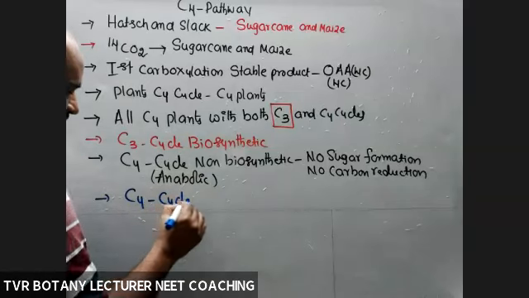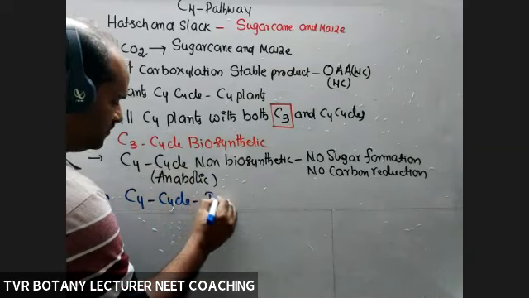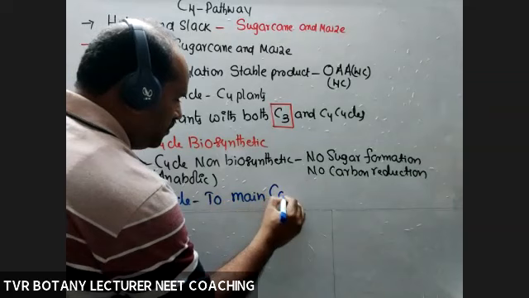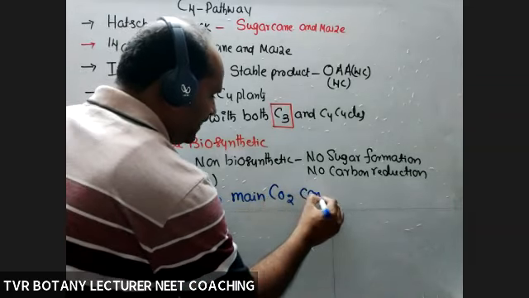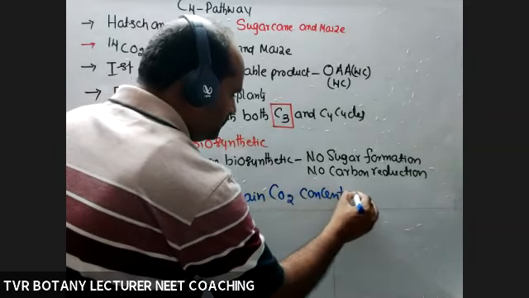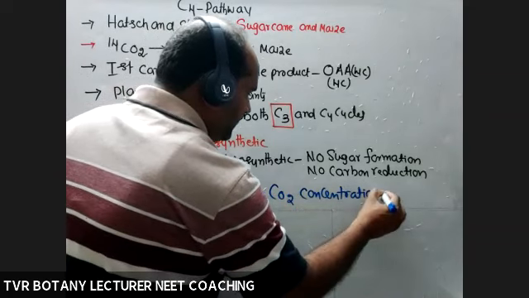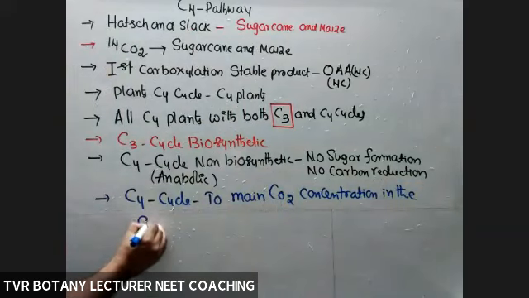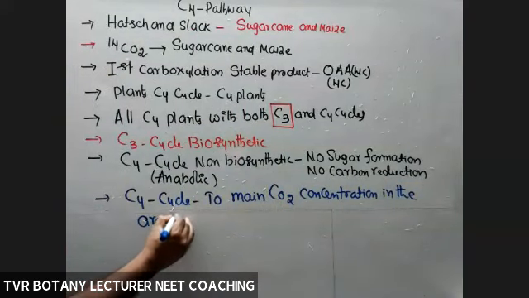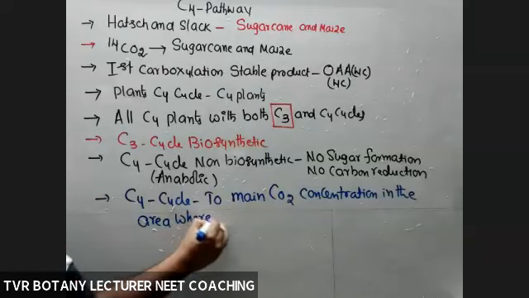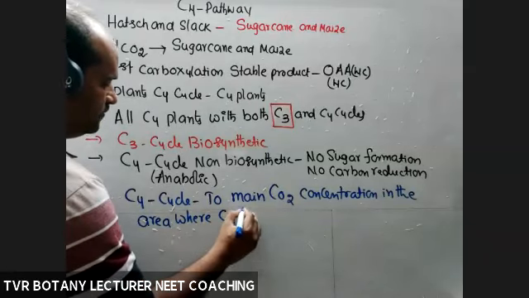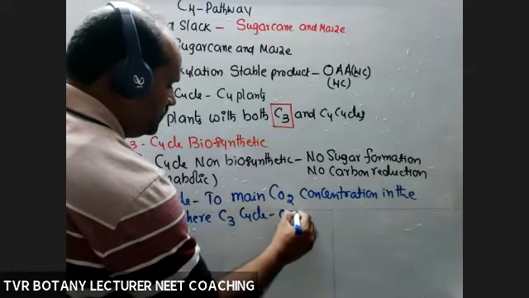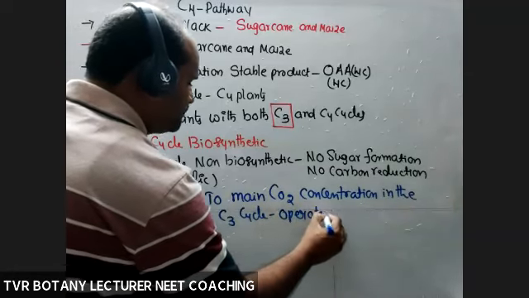The purpose of the C4 cycle is to maintain CO2 concentration in the area where the C3 cycle is being operated or taking place.